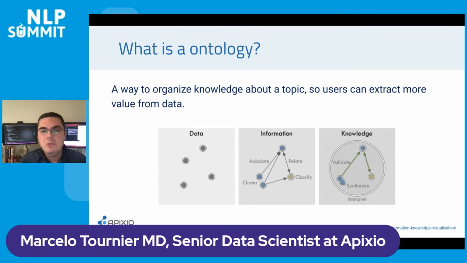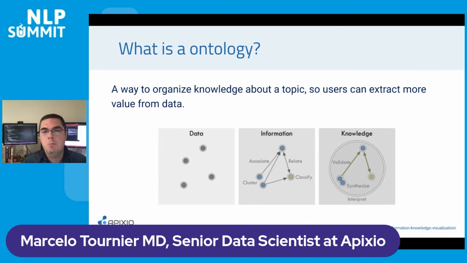An ontology is a way to organize knowledge about a topic so a user could extract more value from the data. And that's one of the simplest ways that I could find to explain what an ontology is, because if you go to the spec from W3C or any other semantic web foundation, you see that they have a lot of fancy words, because it's an extremely complex concept.